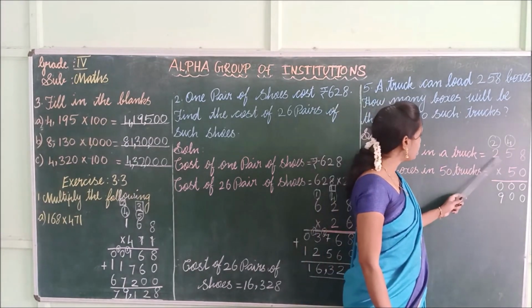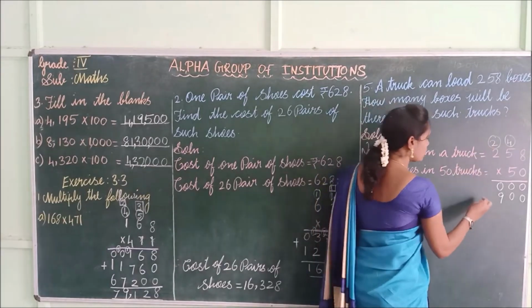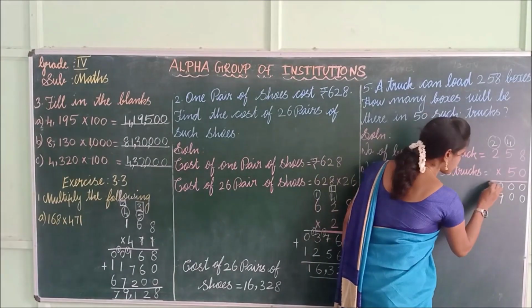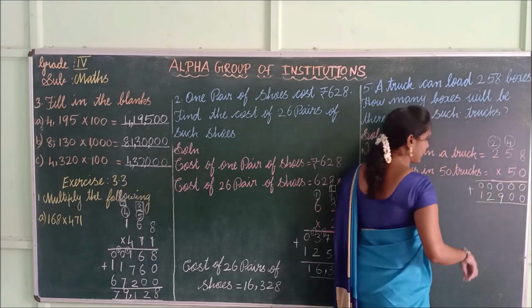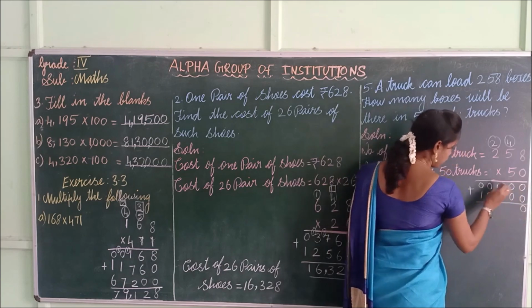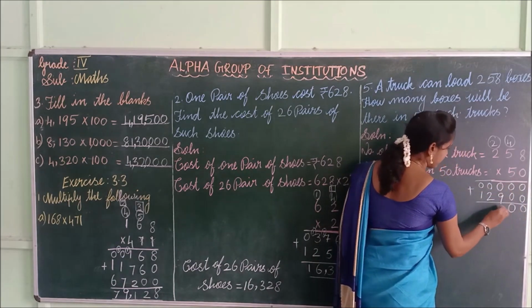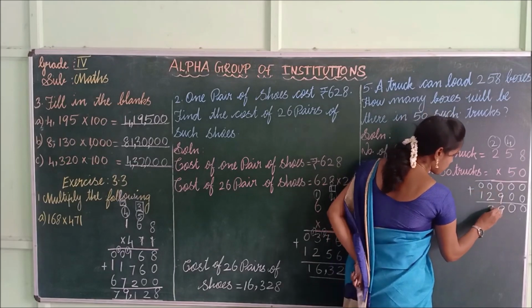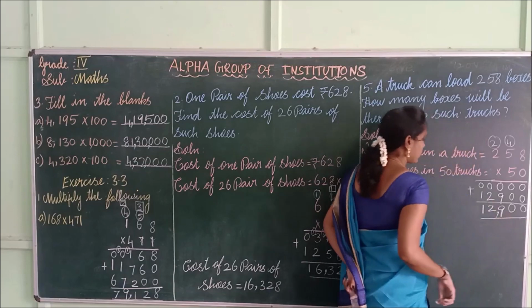Now see here. 2 into 5. 2 fives are 10. 10 plus 2, 12. So as I have said already, in the empty place you can put zeros. Now we can add these two numbers. 0 plus 0, 0. 0 plus 0, 0. 0 plus 9, 9. 0 plus 2, 2. 0 plus 1, 1. Now you can put a comma.